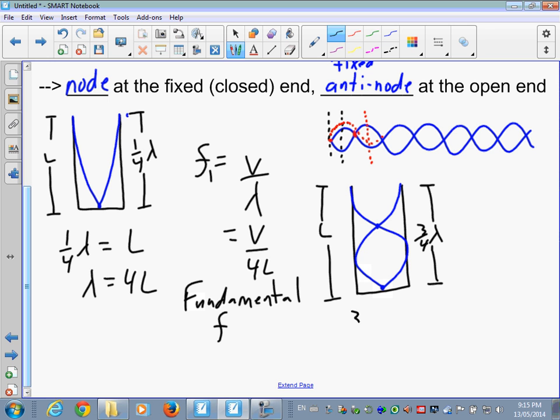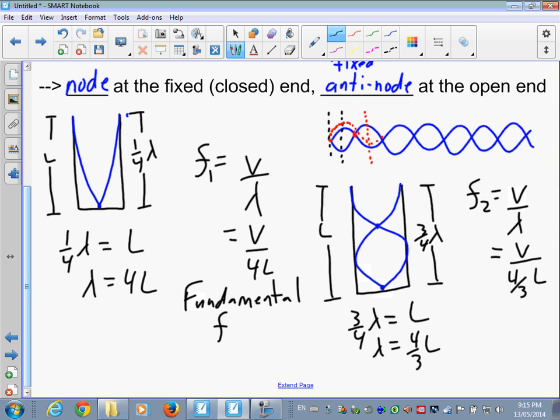So again, 3/4 of lambda is equal to L, so lambda equals 4/3 of L. So the second harmonic is v over lambda, which is v over 4/3 of L, which is 3 times v over 4L, or 3 times the original frequency. So our second harmonic is 3 times the original frequency, not 2 times the original frequency.